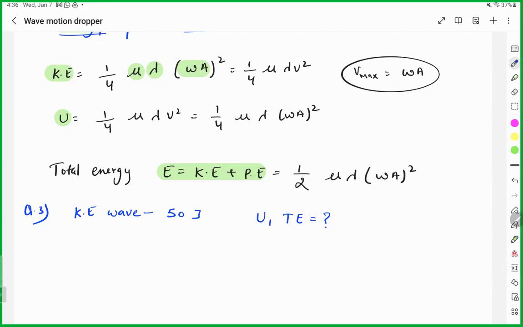Tara, what is your answer? Energy of 50 joules.